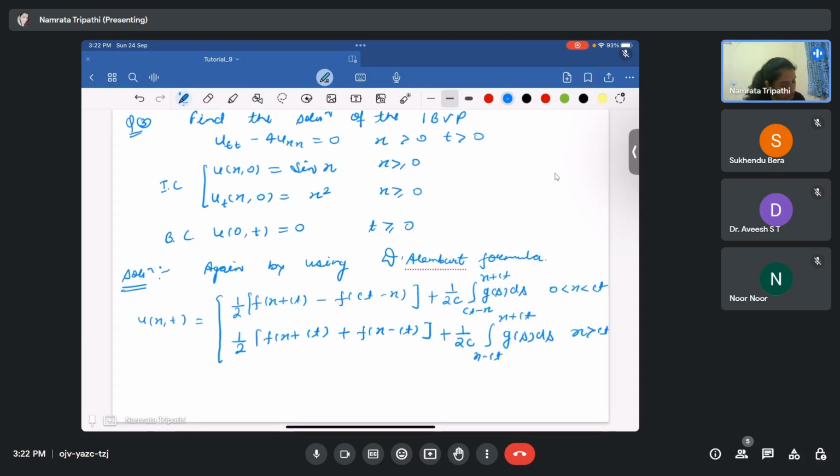Now we have to use f of x is, in this question, sine of x and g of x is x square. So simply you have to substitute these two values and you can find the solution.